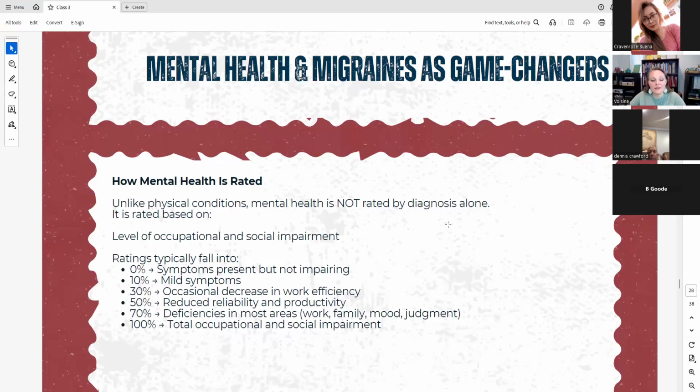And we might choose a job because we don't want to be around certain people. Like I know a lot of truck drivers who are like, I'm a veteran, I don't want to work with anybody else. I can't stand people. I have to be alone. And so their job is affected. This is how mental health is rated.